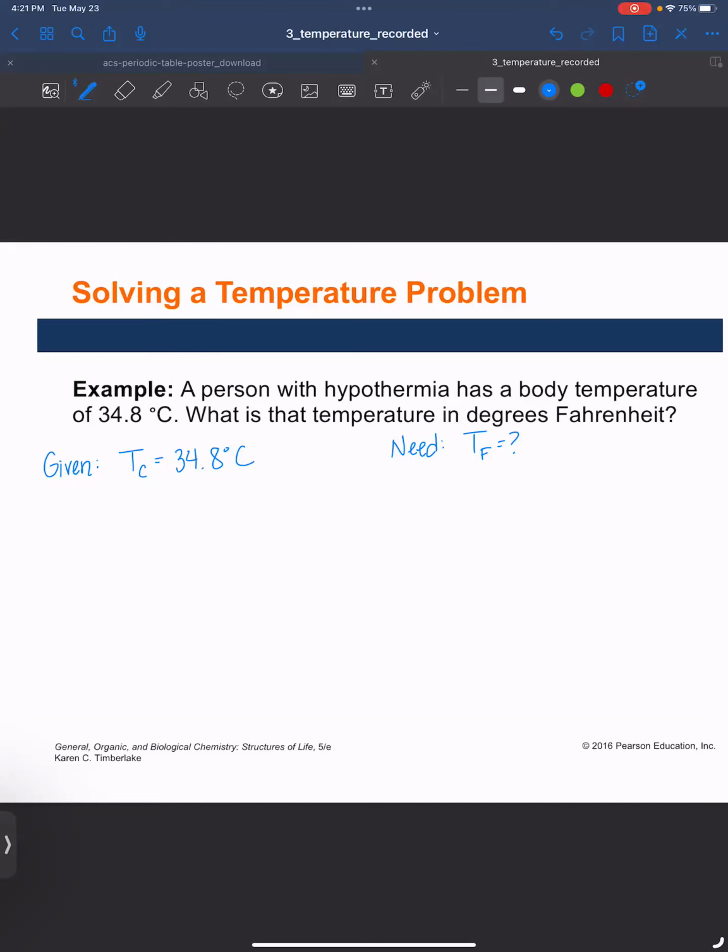That's step one. Step two is to write the temperature equation: temperature in Fahrenheit equals 1.8 times temperature in Celsius plus 32. Step three is to substitute in the known values and calculate the new temperature. So temperature in Fahrenheit equals 1.8 times 34.8 plus 32.